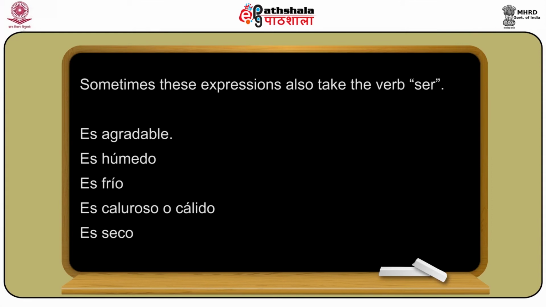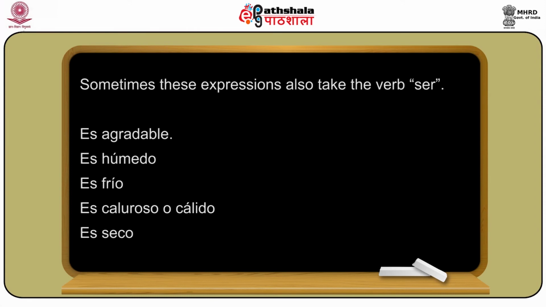So especially when we talk about the climate of the place. As we know, the climate is something which is permanent, which generally doesn't change. Weather changes, but climate remains the same for a place. That's why we use the verb ser. So if we want to say it is pleasant, we will say es agradable.